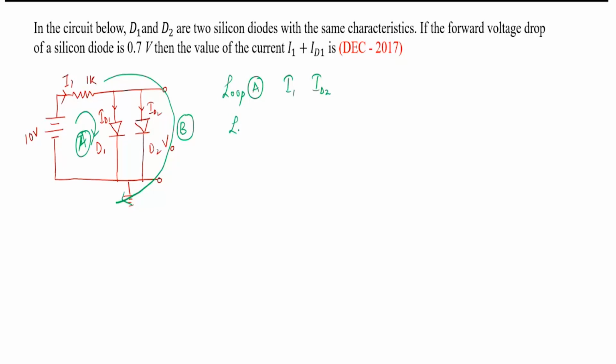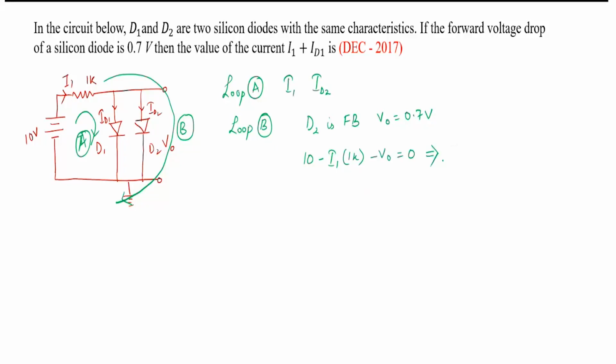Here is the tricky part. Since D2 is forward bias, the voltage will be 0.7. Yes or no? Then the KVL will look like this: 10 minus I1 times 1K minus V0 is equal to 0.